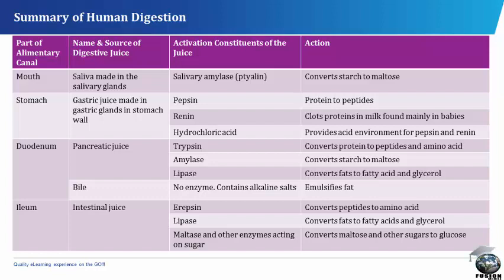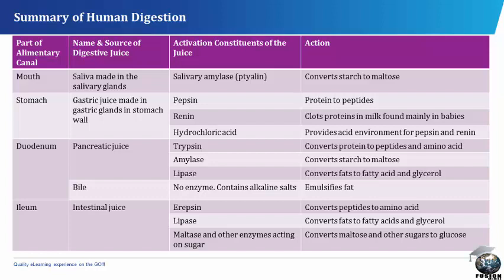The action it carries out include: 1. It converts protein to peptides and amino acid. It converts starch to maltose. It converts fats to fatty acid and glycerol, and the bile emulsifies fat.